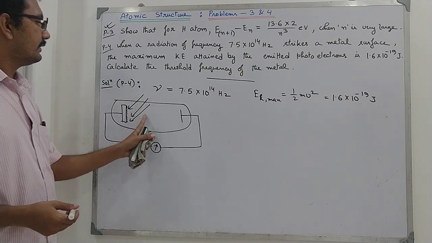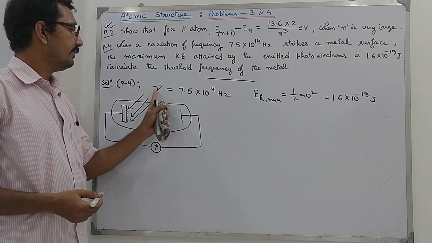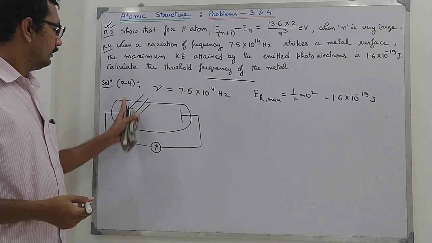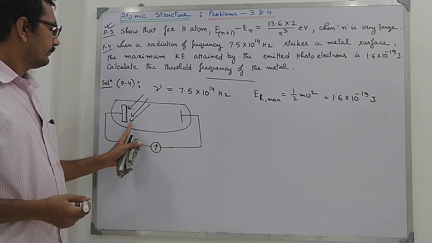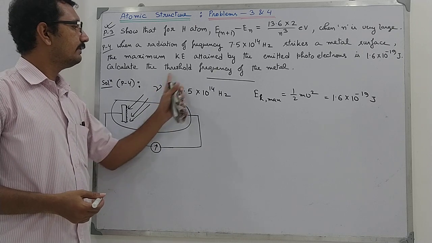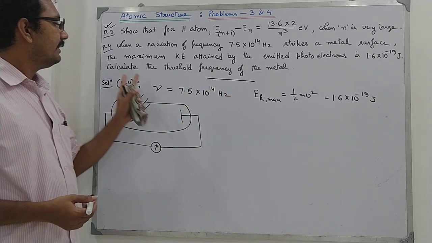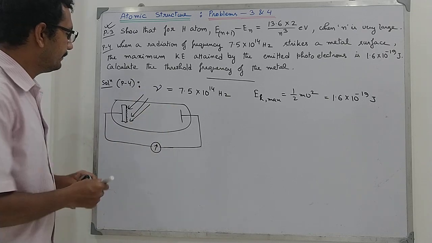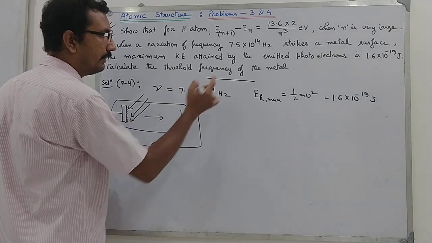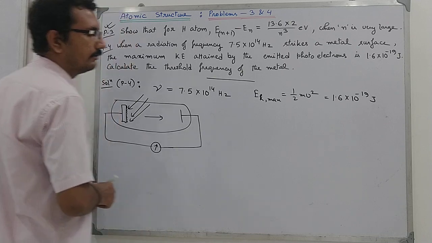So when the incident radiation having frequency nu falls on the metal surface, if this is greater than the threshold frequency of the metal, then the remaining amount of energy will be carried by the electron in the form of kinetic energy.